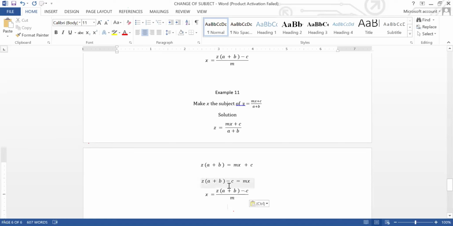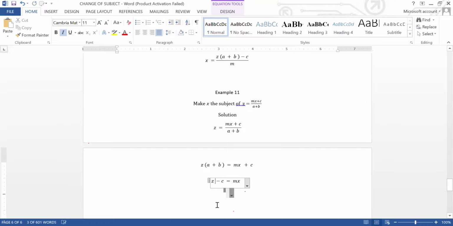Assuming we are making A the subject, there will be a need for us to expand, right? We have maybe ZA plus ZB, or BZ. It should be BZ. Letters should be well arranged. Good. Minus C. We are making A the subject, so there's no need for the C coming to the other side.